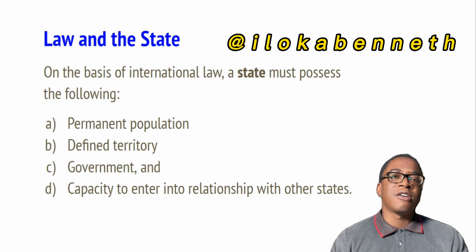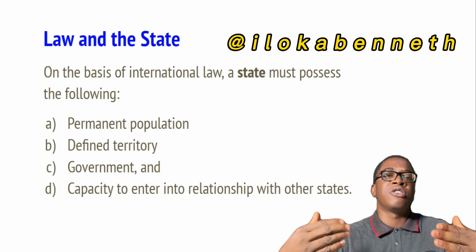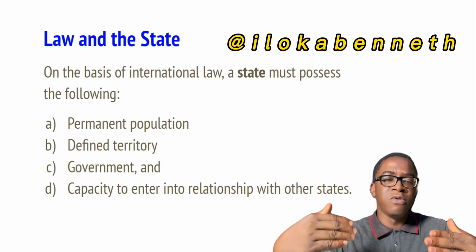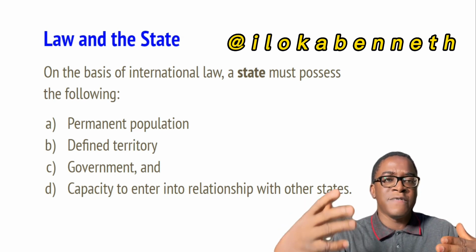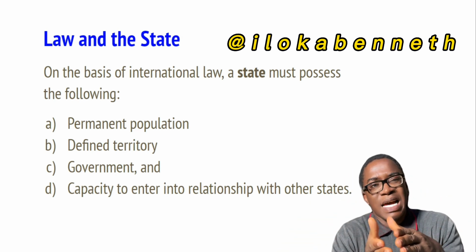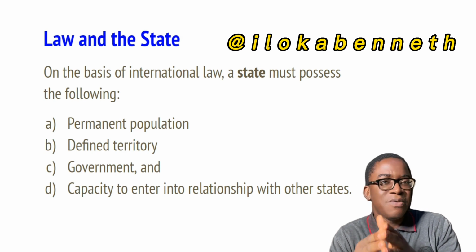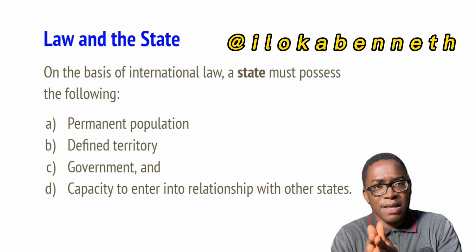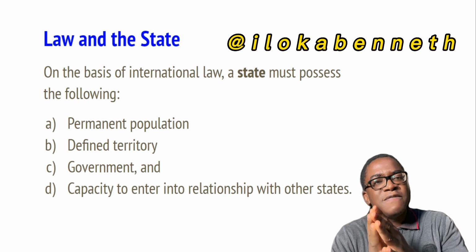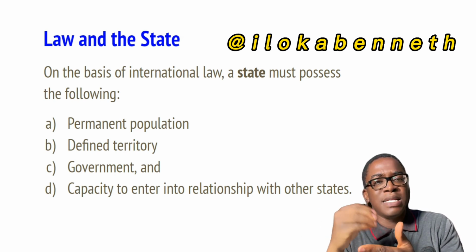Okay, then thirdly, there has to be a government. Government is like the superior authority that enforces rules and regulations and administration of the state. For there to be order in a state, there must be an element of governance, a group of people, elected, selected, whichever way, hierarchical, it doesn't matter, that are in charge of the affairs of the state. They are the ones that say this has to be done and this has to be done.